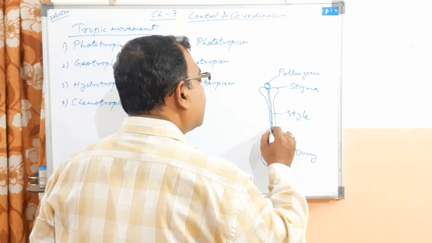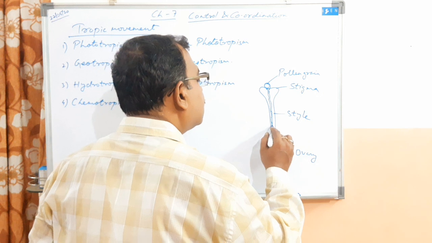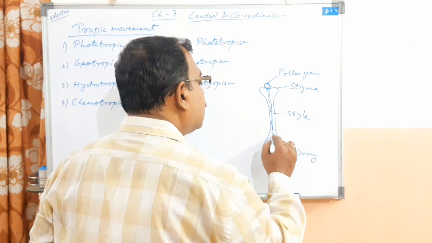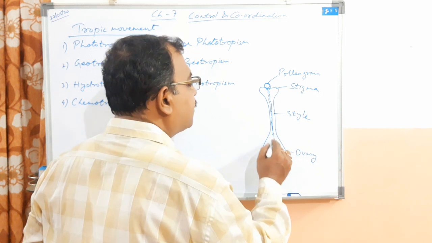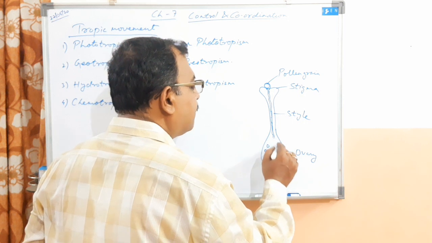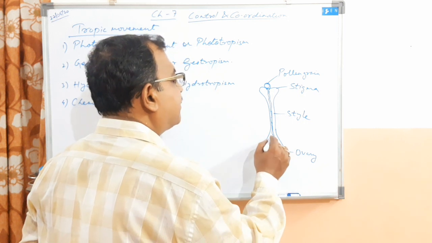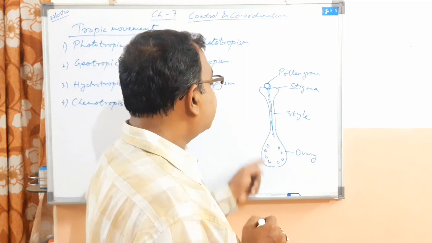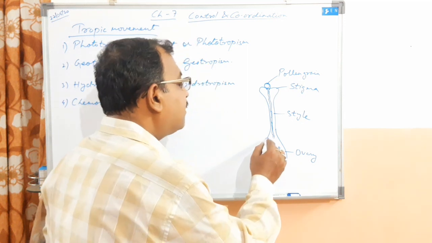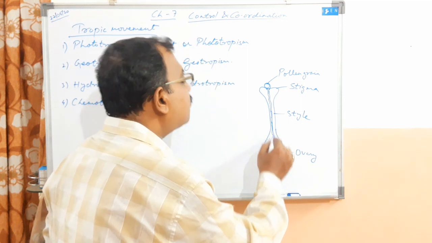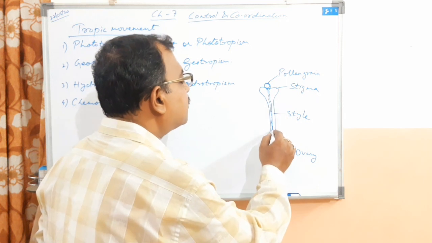This way it keeps on growing towards the ovule, then it penetrates the wall of the ovule and then enters the ovary. Clear? So this is the pollen tube.